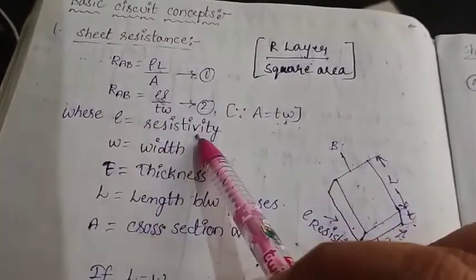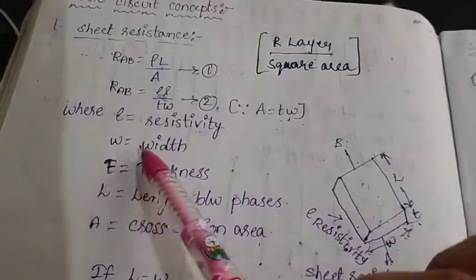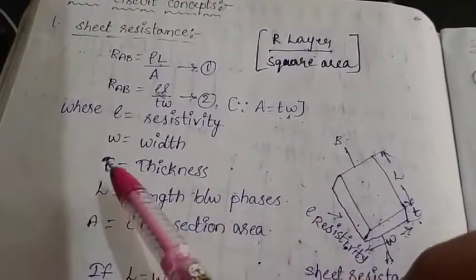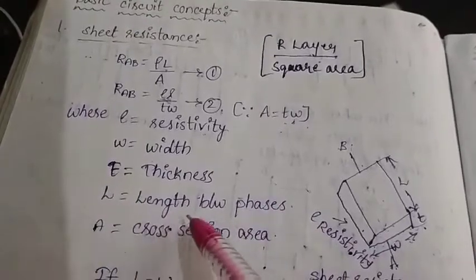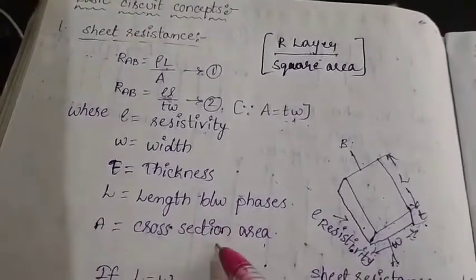Here rho is the resistivity of the material, W is the width, T is the thickness, L is the length between faces, and A is the cross section area of this material.